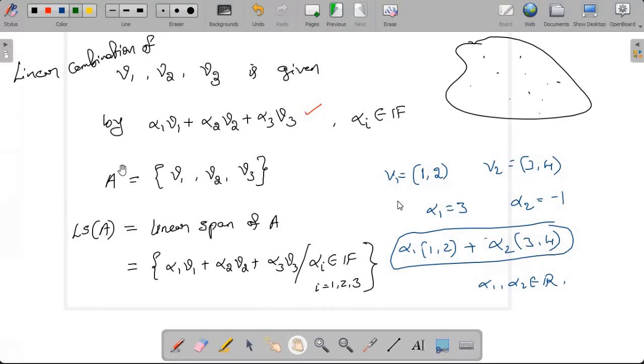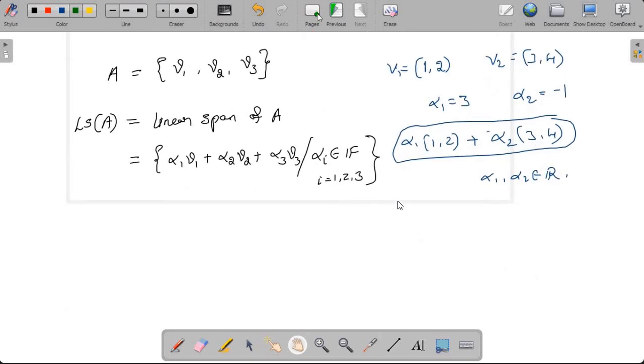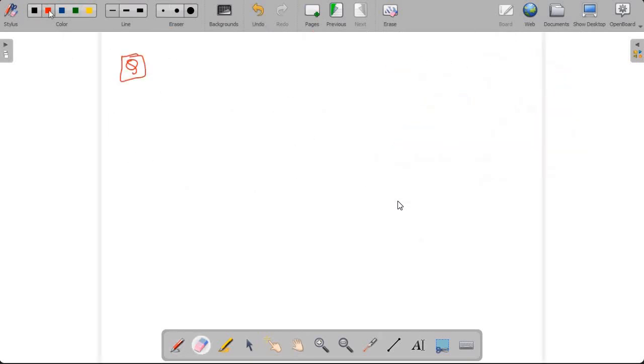That is the linear combination. Now I have one question. My set here is the set which contains two elements, (1, 0) and (0, 1). Now can you tell me what is the linear span of S?